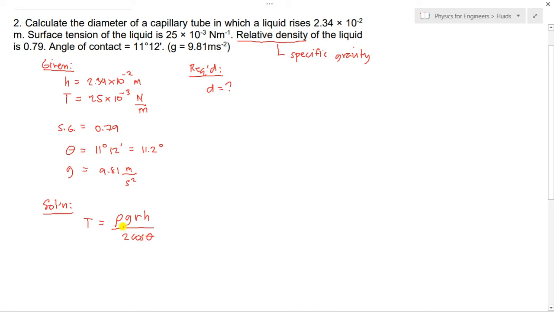Since we don't have the density of the liquid but we have its specific gravity, remember that the density of the object is equal to the specific gravity multiplied by the standard density, which is the density of water. So we can plug that in. Therefore, this is equal to Sg, density of water, gravity, r, h, all over 2 cosine of theta.